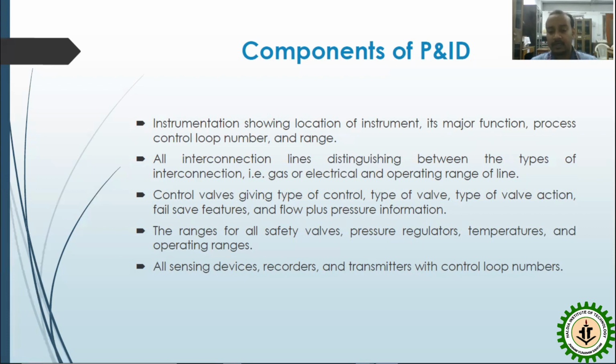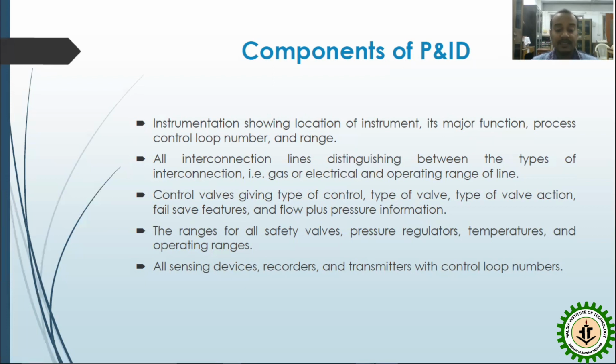So all the information we can get. The range of all the safety valves can also be identified by the P&ID diagrams. The pressure regulator, if you are using one, which type of pressure regulator you are using, and what its range is, can also be identified.